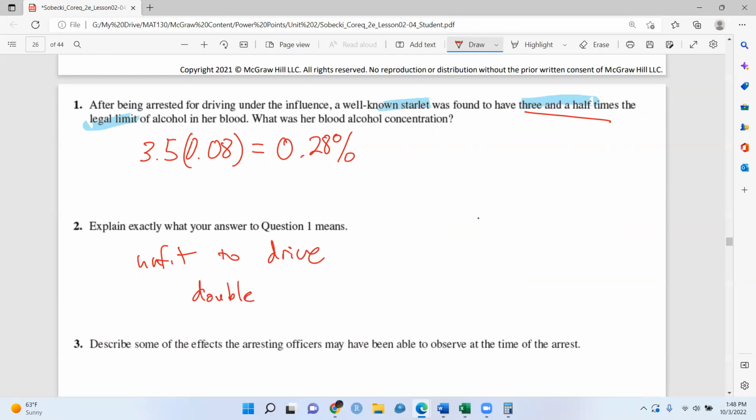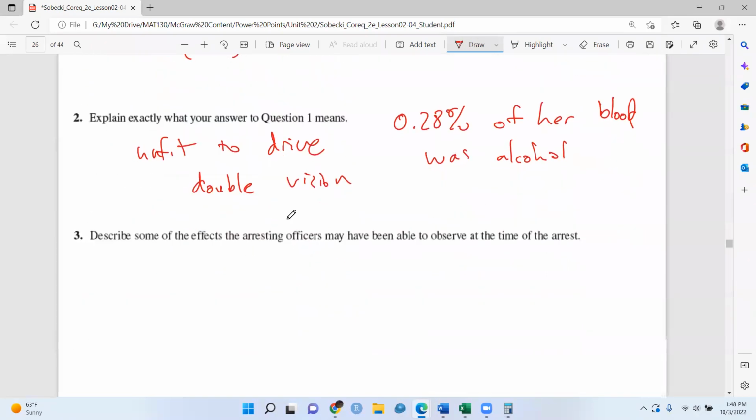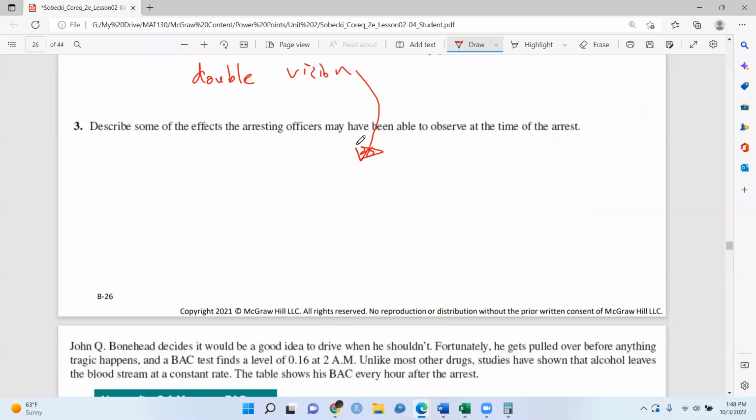Exactly what we're saying is 0.28% of her blood was alcohol. So here are some of the effects down here, right? That's what I was listing there. So yeah, good thing she got pulled over and arrested so that she didn't kill herself or someone else.